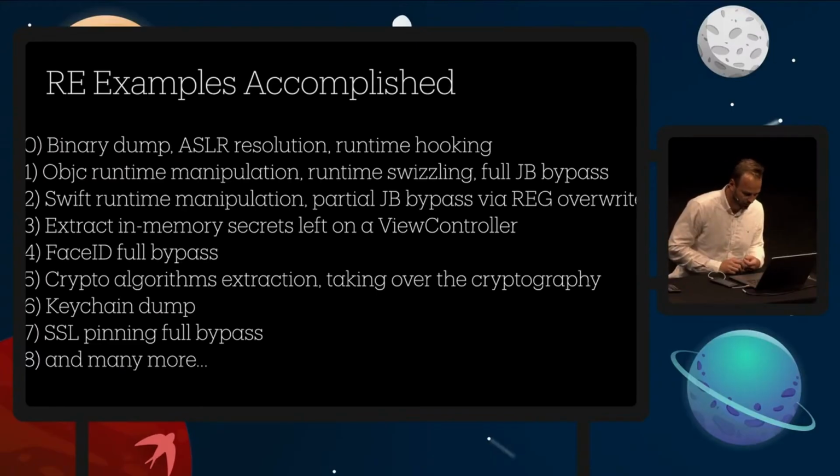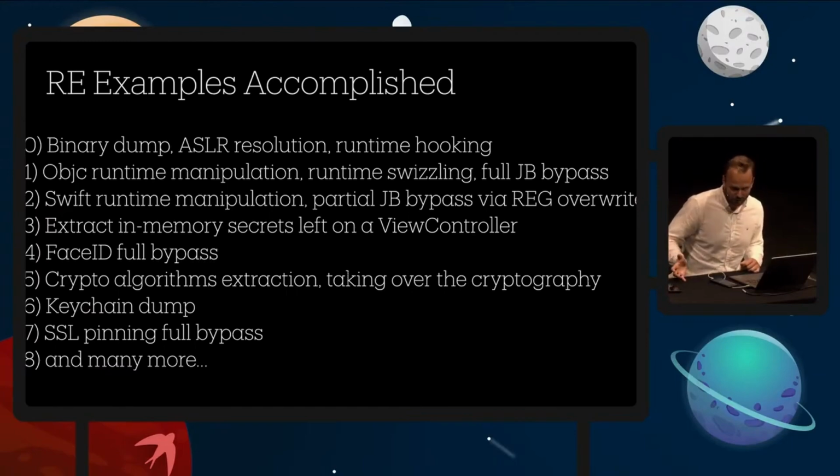Crypto algorithms, you can extract any kind of common crypto because it's in Objective-C, so you can hook into the runtime and observe them. There are also open source scripts that would be tracing those APIs for you, and you can then see what the app is actually using. Keychain dump, that's a simple SQL database.